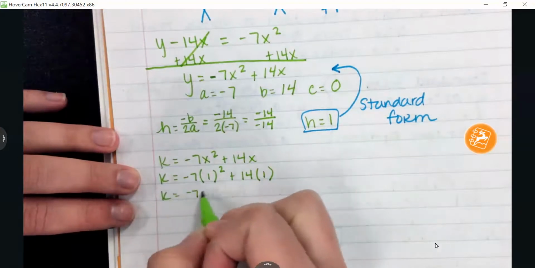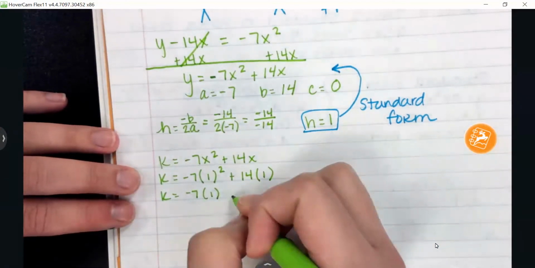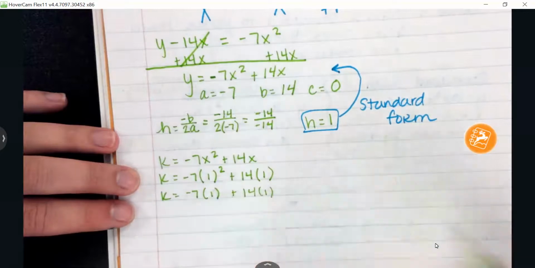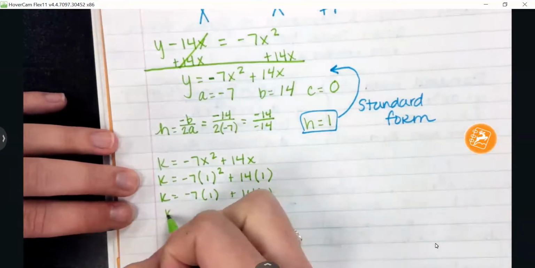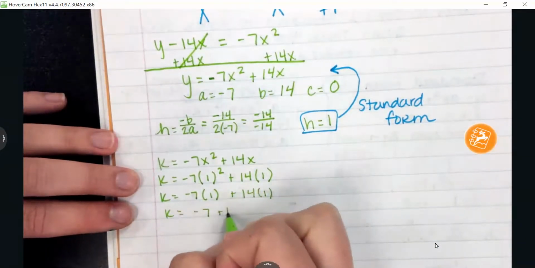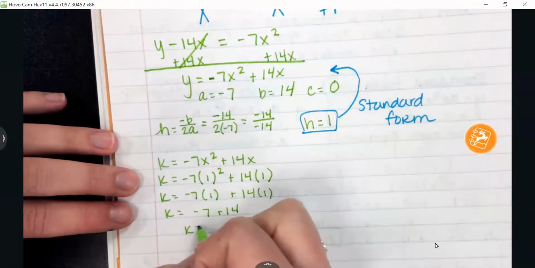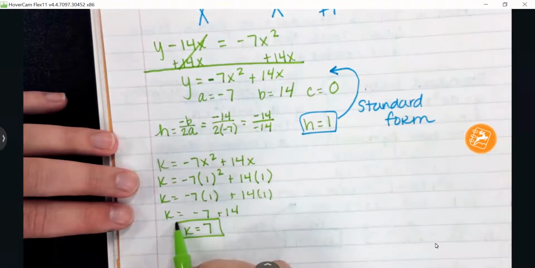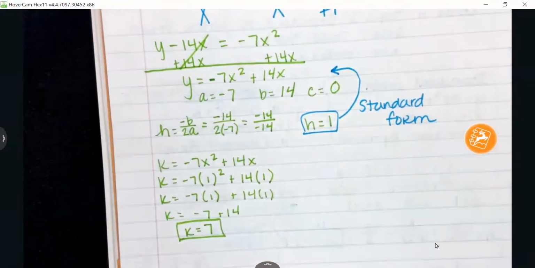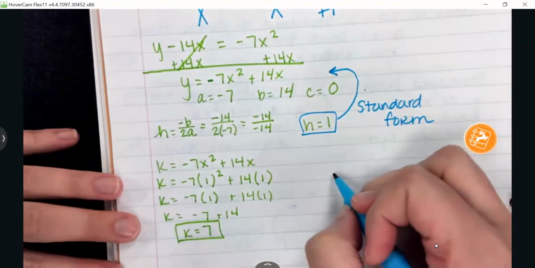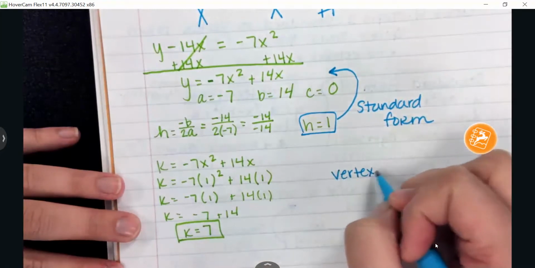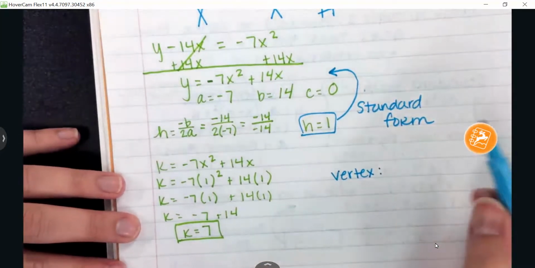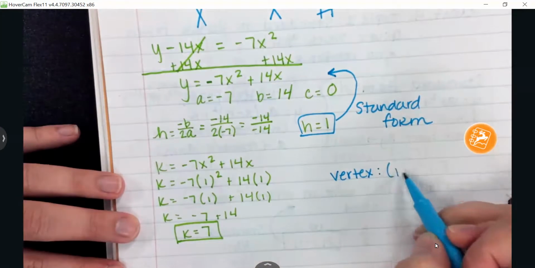So I have negative 7 times 1 plus 14 times 1. So K equals negative 7 plus 14. So what does K equal? 7. So what is my vertex? What's that going to be? 1, 7. Very good.